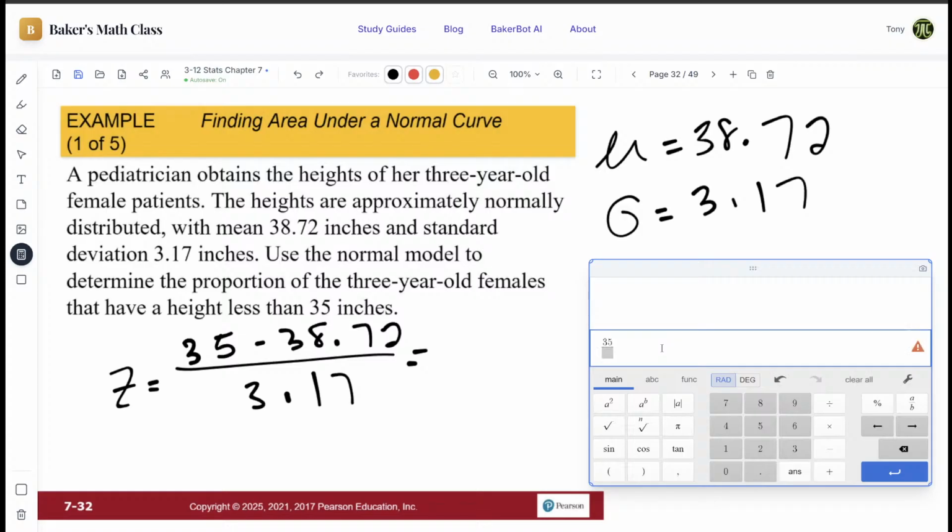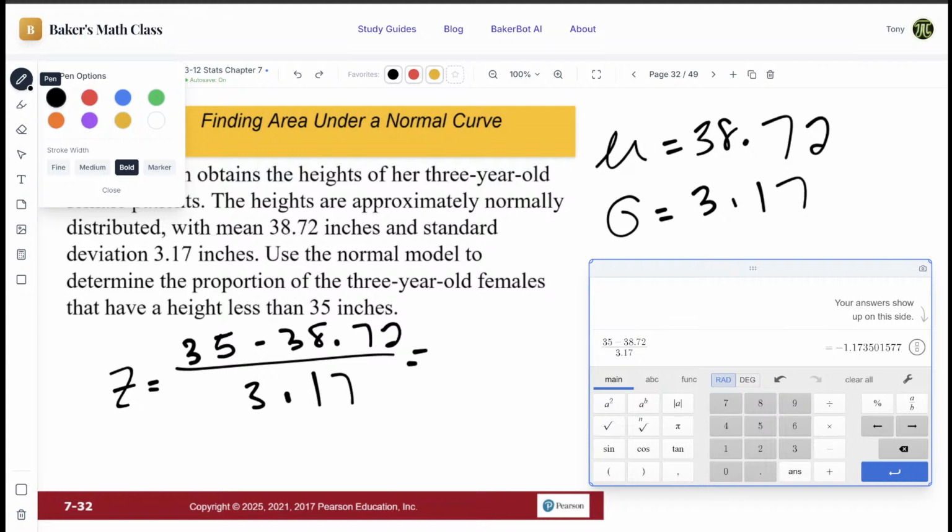So 35 minus 38.72. What sign should this z-score be? Looking at the data, it should be negative, right? Because the value I'm looking for is to the left of my mean. And in this case, my z-score is negative 1.17.